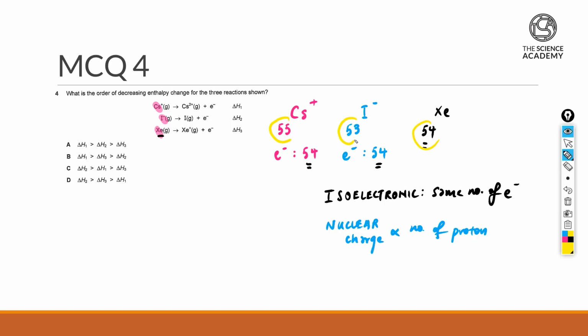So in decreasing enthalpy change, the highest would first go to enthalpy 1, which is the ionization energy of the cesium cation of 1+, followed by enthalpy 3, which is the ionization energy of the xenon atom, and finally enthalpy 2, which is the ionization energy of my iodide anion. So the correct answer for this question here is B.